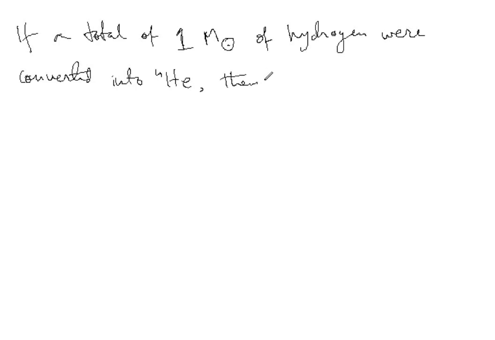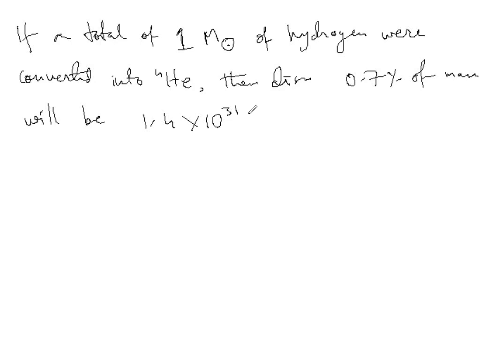Then the disappearance of 0.7% of mass will be 1.4 into 10 to the power 31 gram, right?